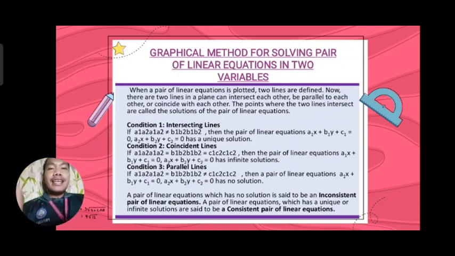Meaning, there is an intersection between x and y, so the intersection would be the solution of the linear equations.